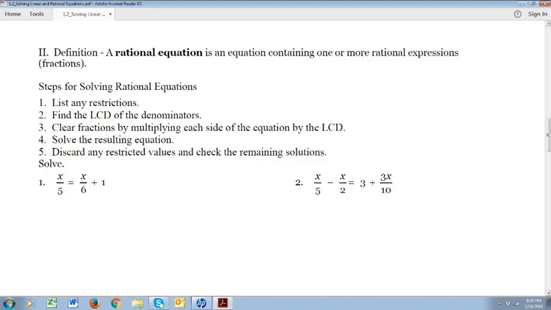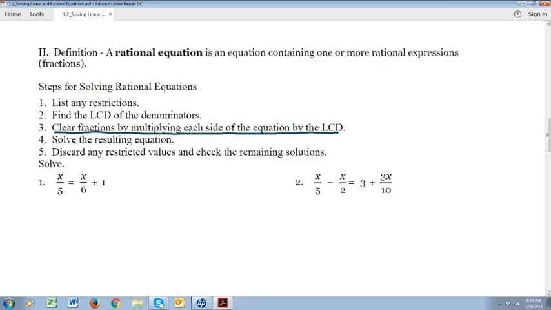So it says a rational equation is an equation containing one or more rational expressions, also known as fractions. So our steps are to list any restrictions. We'll talk about that when we get to the next page. Find the LCD of the denominators. Clear fractions by multiplying each side of the equation by the LCD.